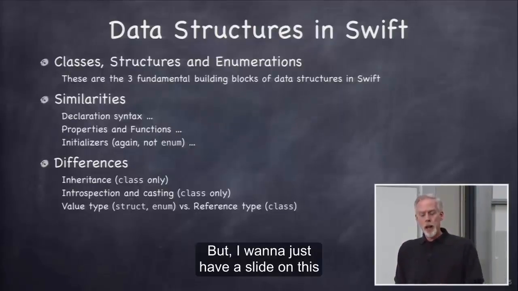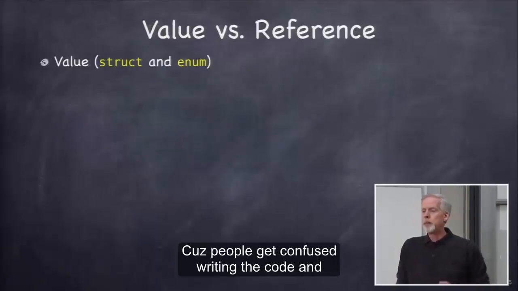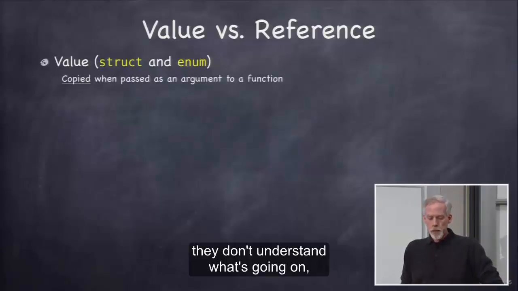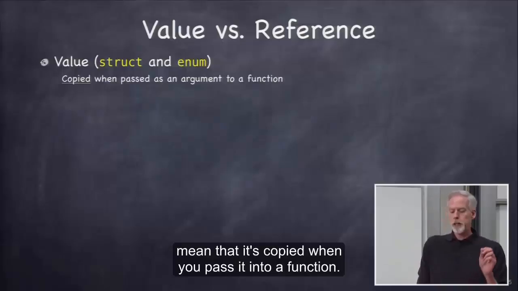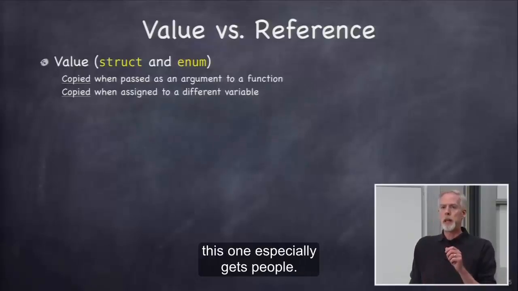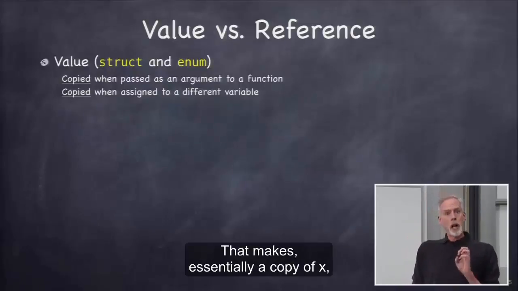But I want to have a slide on this value type versus reference type again, because it's a really important thing to understand, because people get confused writing the code and don't really understand what's going on. A value type, structs and enums, means that it's copied when you pass it into a function. It's copied when you assign it to a different variable. This one especially gets people. If I have let x equal an array, and I say let y equal x, that makes essentially a copy of x.